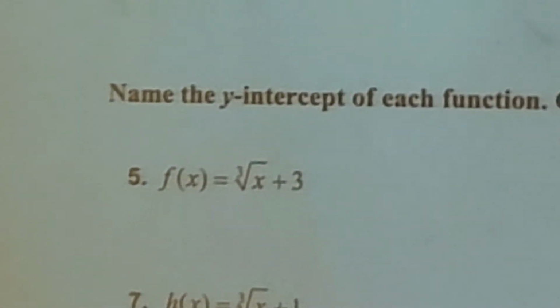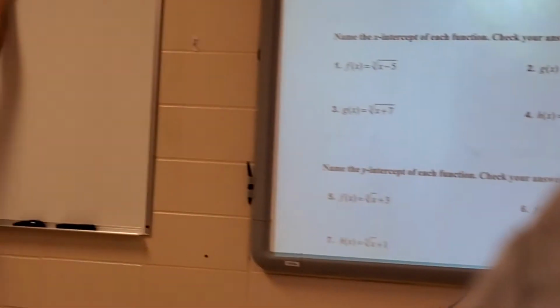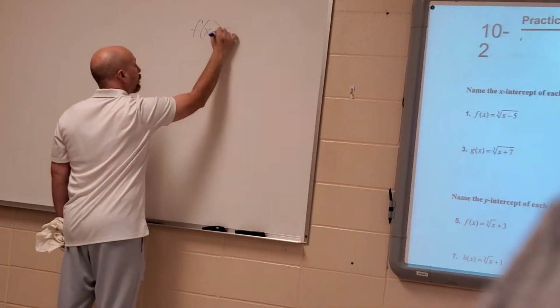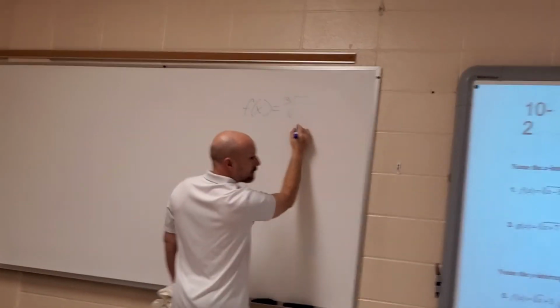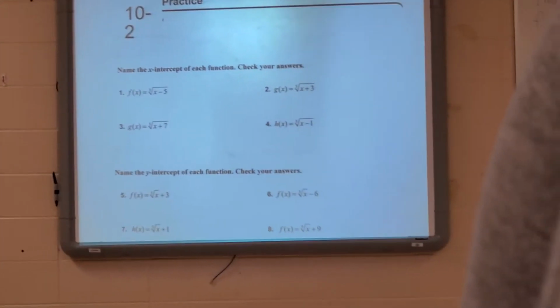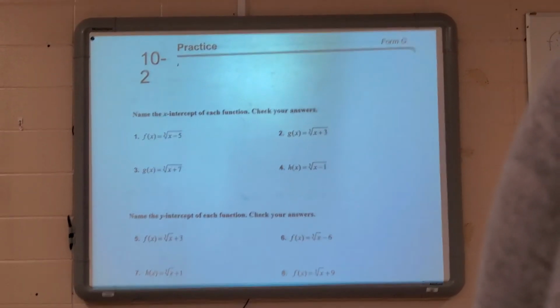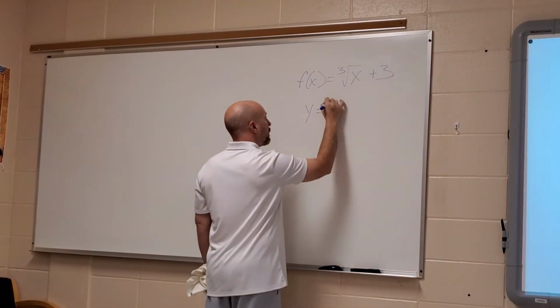Number 5 says, now find the y-intercept. Well, if we're looking for the y-intercept, we're now going to put a 0 in for x. So we have y. Remember, this is just y.